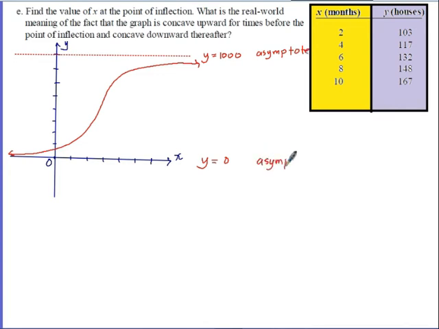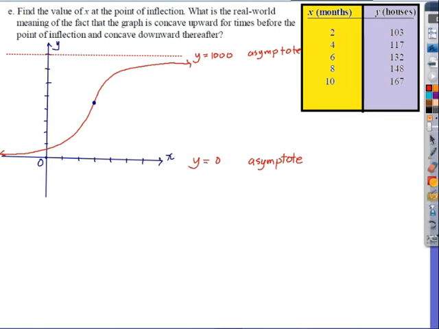So I have two asymptotes. And the point of inflection of a logistic function occurs at the middle. So what is the middle point here? Let's say this is our middle point. It's here.